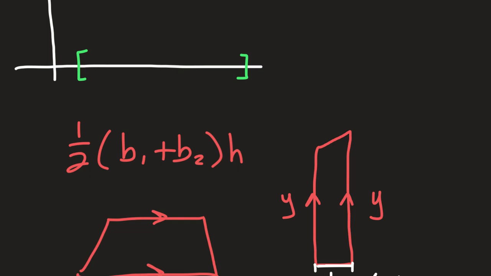So how wide are each of your trapezoids? We're not going to have a horizontally oriented trapezoid like we would normally draw in geometry. We're going to have a vertically oriented trapezoid where your bases are the y values and the height is the x value. So when we do our calculations, those are the values that we're going to be putting in.